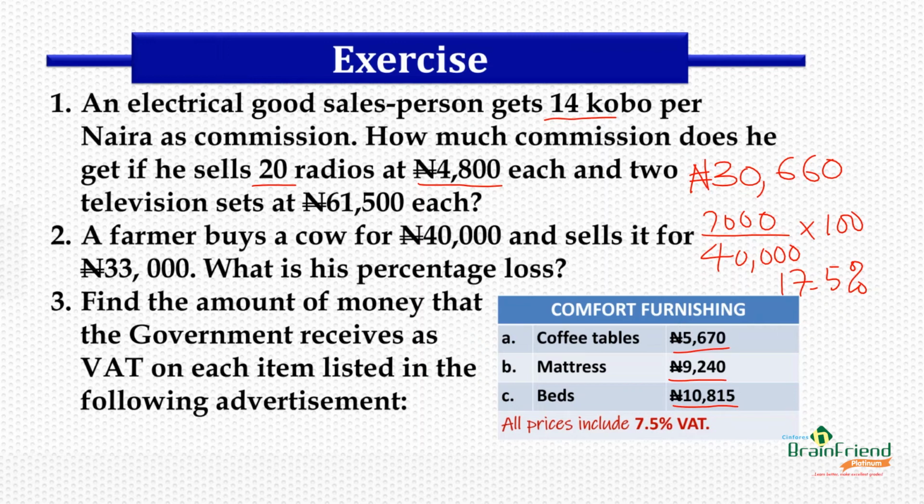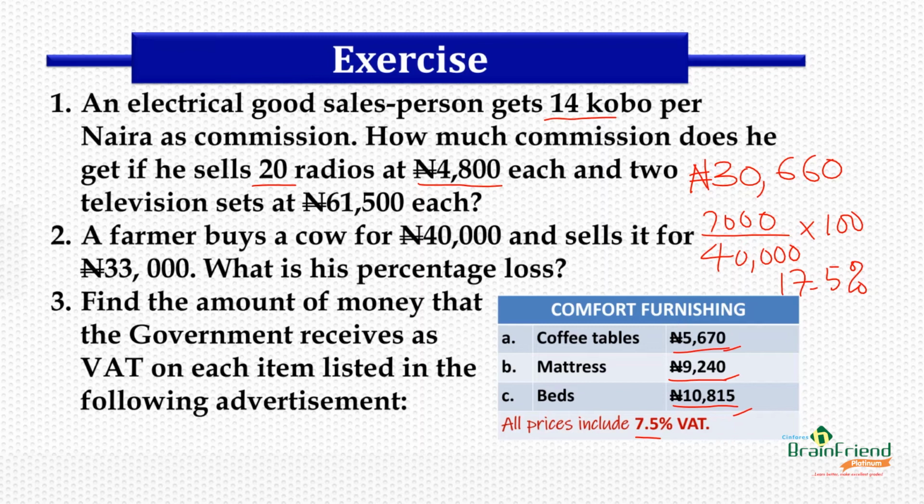All these prices include 7.5% VAT. So to solve this problem, we will divide each of these amounts by 107.5, and then we multiply our results by 7.5, and that will give us the VAT that will be paid on each of these items.